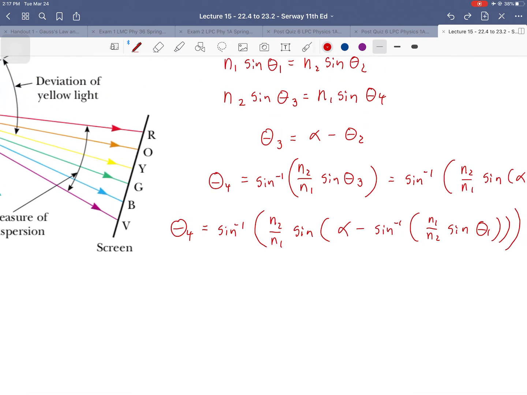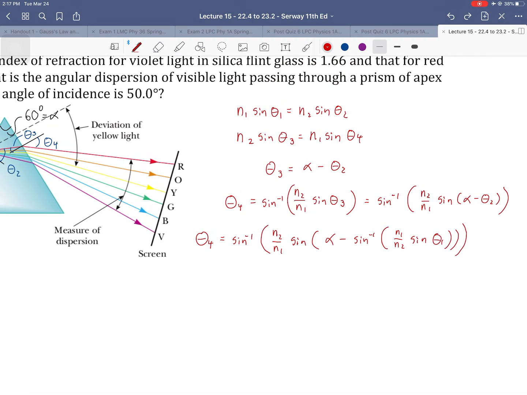So then we could say, zooming out a bit, that for red light, we'd have that theta 4 is just going to be equal to sine inverse, and then 1.62 divided by 1, but again, n1 is just equal to 1, and then 60 minus sine inverse of 1 over 1.62, and then times sine of 50 degrees.